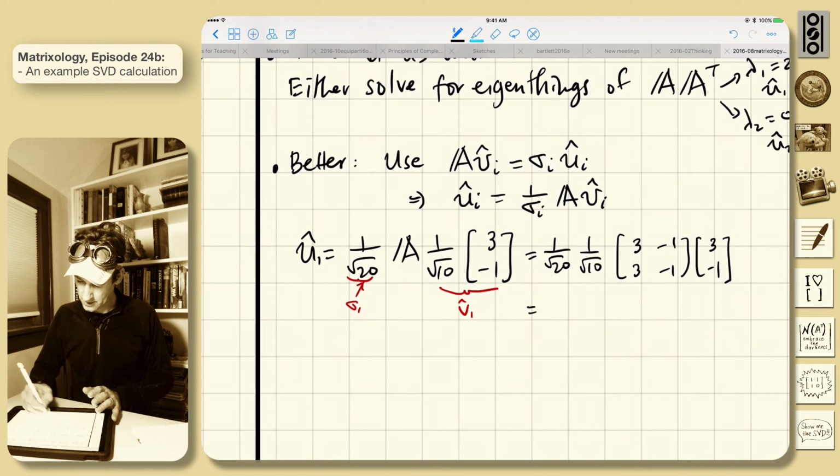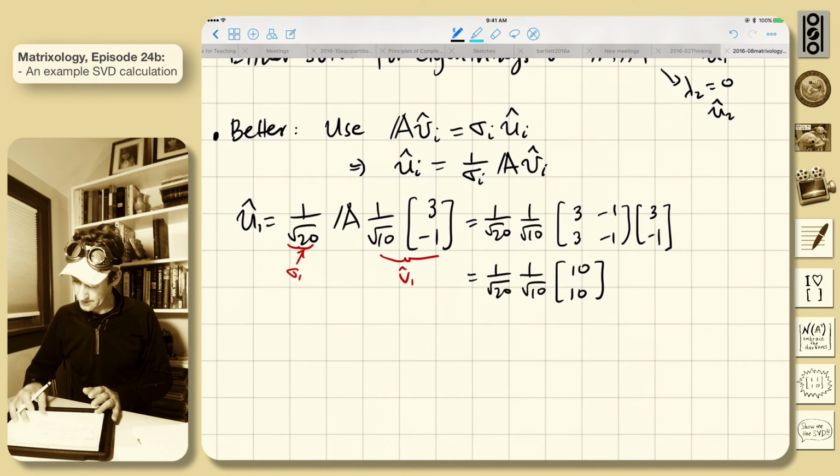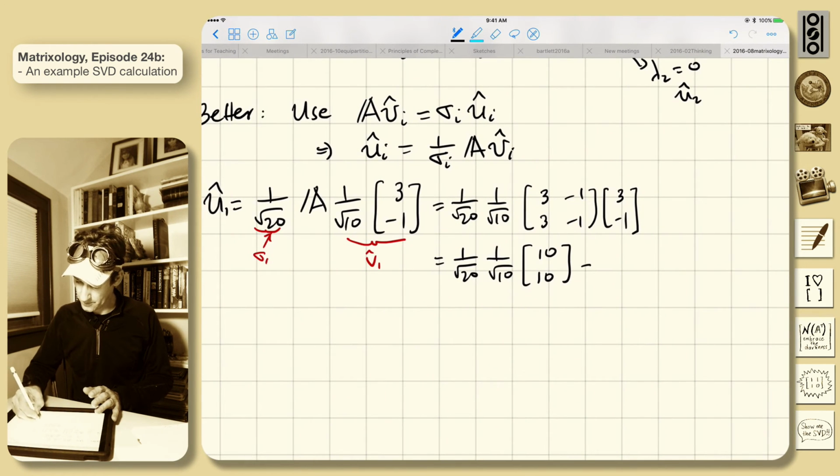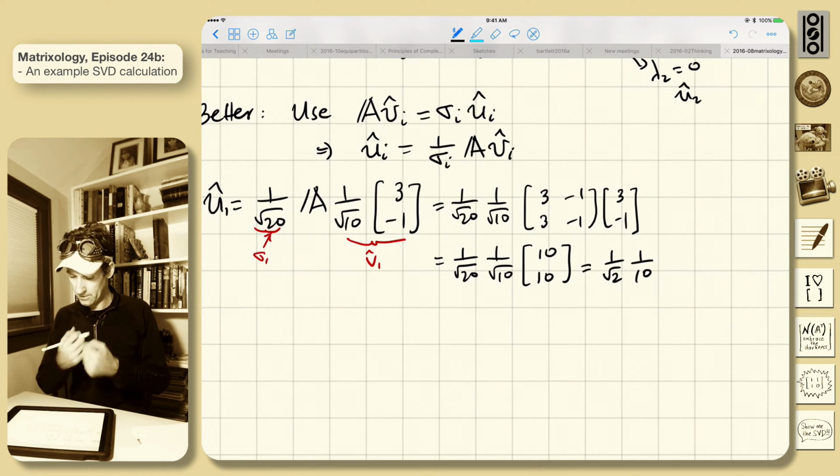All right, good. So this is 1 over root 20, 1 over root 10. I know I don't really need to do that. And then this is 9 plus 1, so there's a 10 here and another 10 here. Interesting. Then this is really 1 over root 2, and we can take a root 10 and connect it with the other root 10.